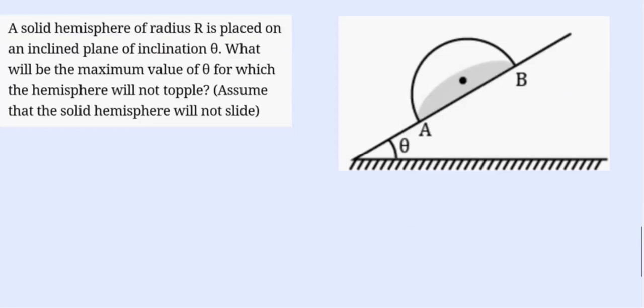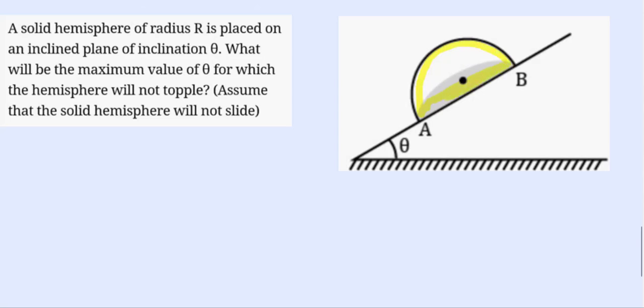I have a solid hemisphere of radius r placed on an inclined plane of inclination theta. What is the maximum value of theta for which the hemisphere will not topple? We are discussing the toppling of a hemisphere on an inclined plane. This is the hemisphere we have.